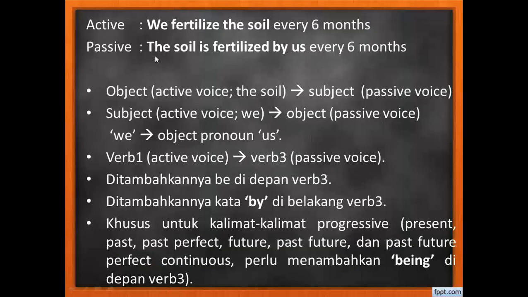If I make the sentence like this one, we fertilize the soil every 6 months. We can see we here is the subject, fertilize is a verb, soil is the object, every 6 months is the complement. So we can change we in front to become behind.